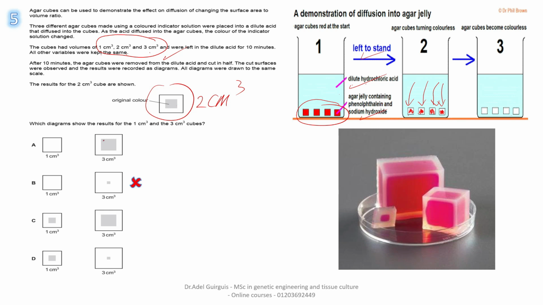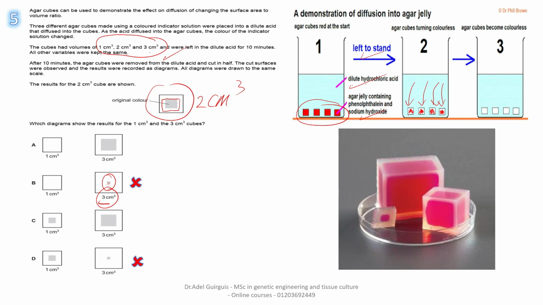Because in letter B, for 3 cubic centimeter, it shows only this part is still colored red. This is wrong. It must be larger in redness around the center. So B is wrong. Also D is wrong.